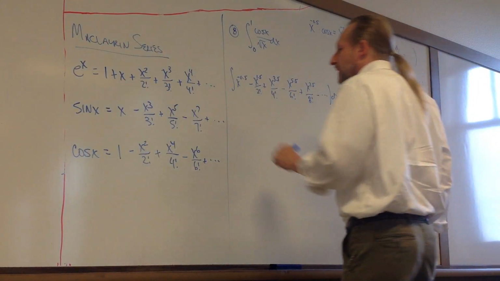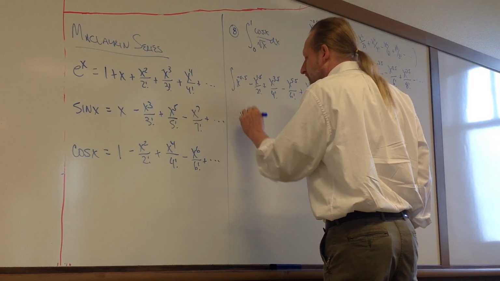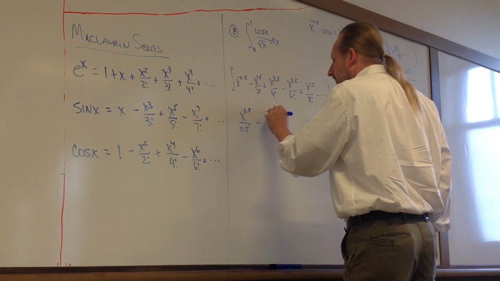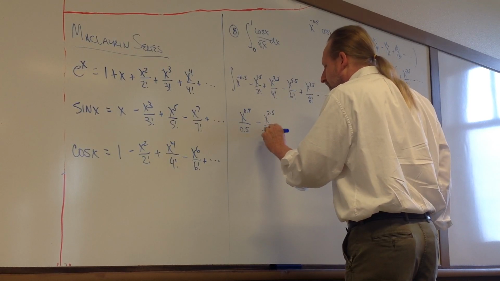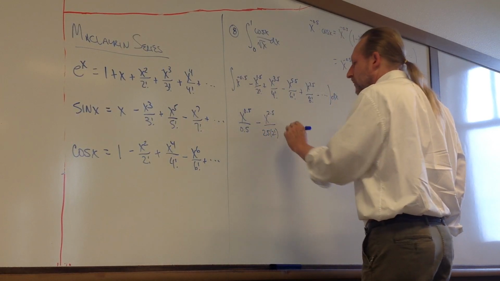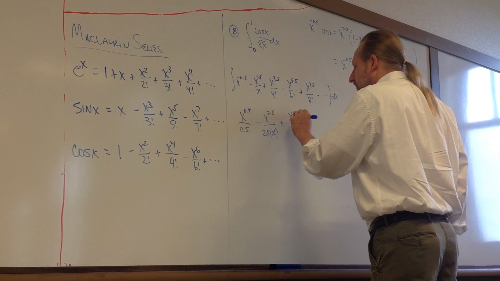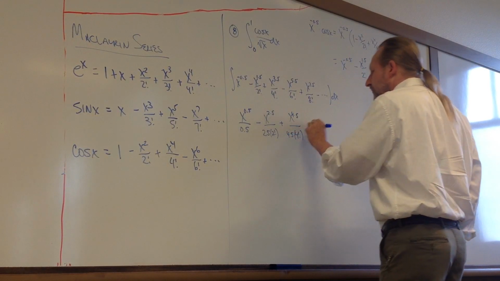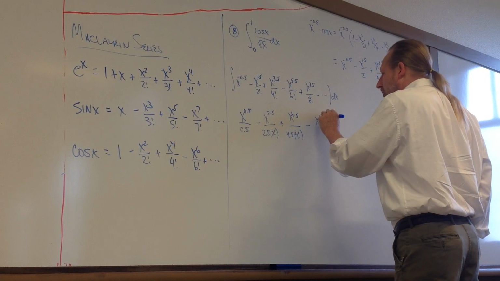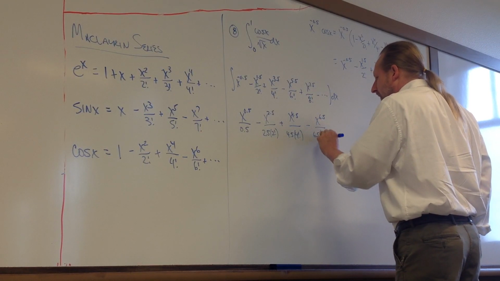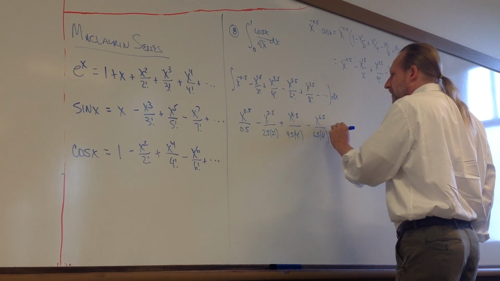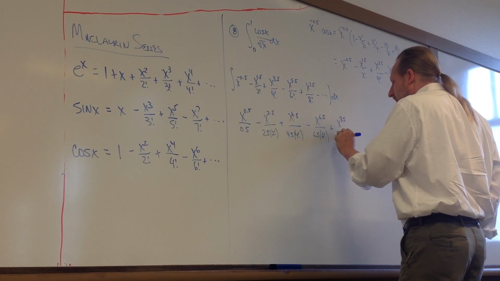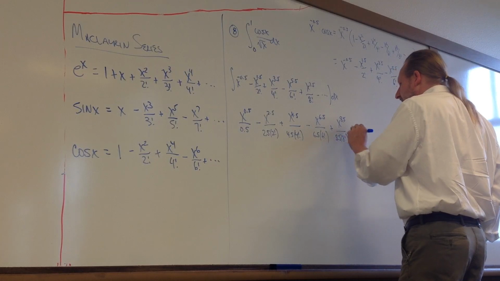So now if we integrate, we'll get x to the positive 0.5 over positive 0.5, and then x to the 2.5 over 2.5 times 2, and then x to the 4.5 over 4.5 times 4 factorial, 6.5 times 6 factorial, and then 8.5 times 8 factorial.